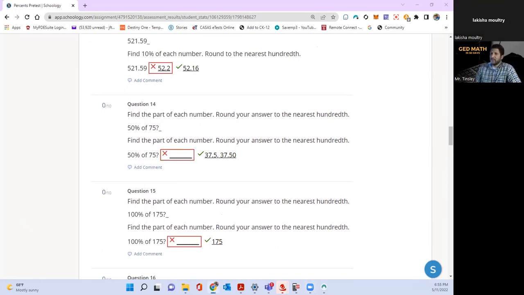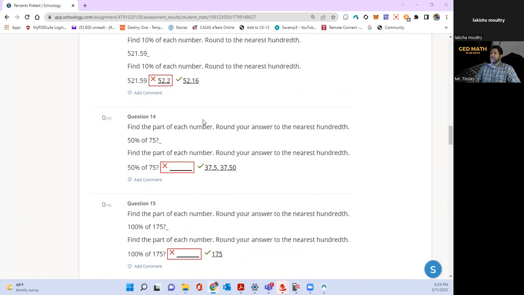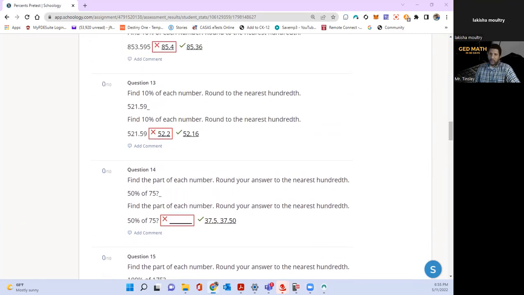Okay, let me go. So first of all, let me explain to you here why you were wrong. First of all, find 10% of each number. So understand what 10% is. 10% is 10 over 100. Reduce that to lowest terms, that's 1 over 10. So 10% is the same as dividing by 10. When you divide by 10, you just move the decimal one place to the left.